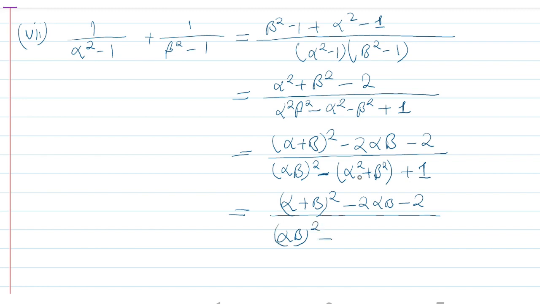Now, what is alpha squared plus beta squared? This is alpha plus beta squared minus twice alpha beta, then plus 1. You can see that in our expression, we only have alpha plus beta and alpha beta. So you can go ahead and substitute what these values are and solve your problems.